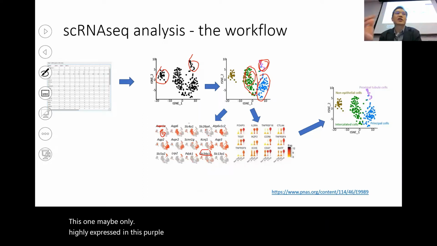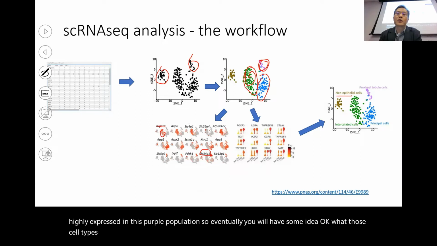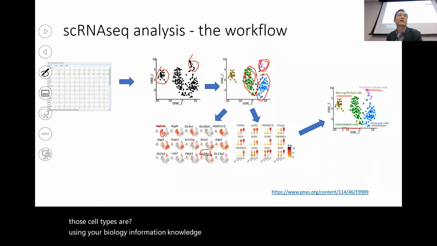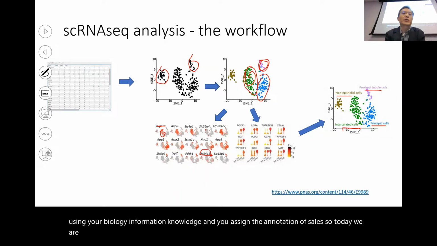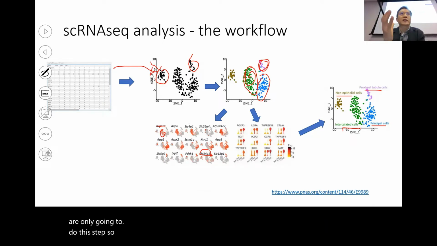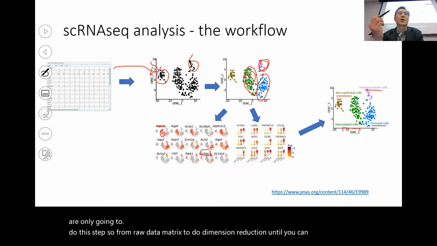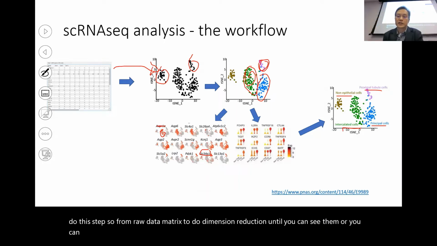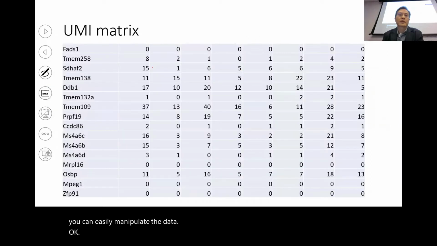So eventually you will have some idea of what those cell types are, and using your biology knowledge, you assign the annotation of cells. So today we are only going to do this step: from a raw data matrix to dimension reduction until you can see them, or you can easily manipulate the data. Okay. This pipeline.